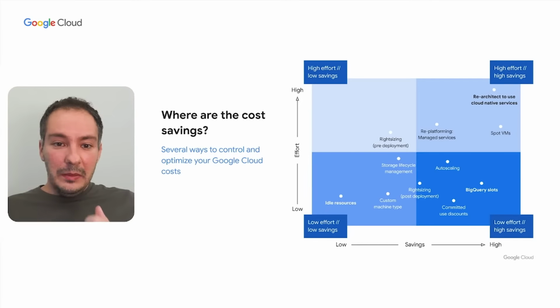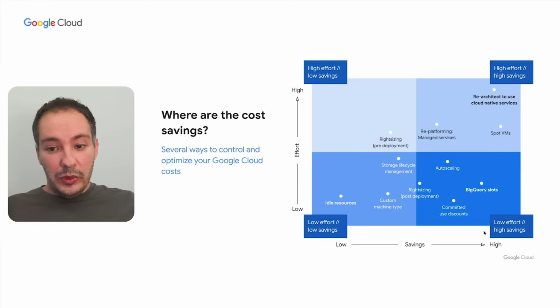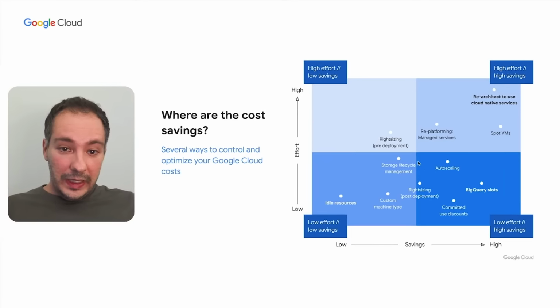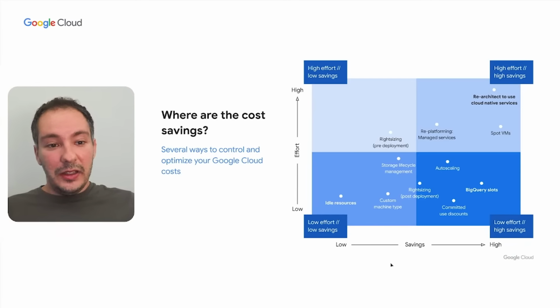You need to keep in mind that it's best to prioritize something that has low effort and high savings. For example, you can purchase a committed use discount, called CUDs, in just a few clicks. So the effort is really low, but the savings are really high. So the strategy, the sequence to do things, is really important here, guys.